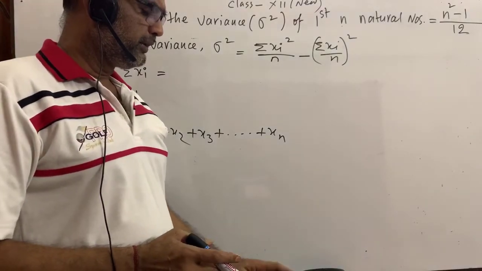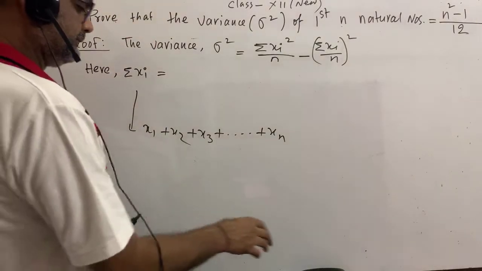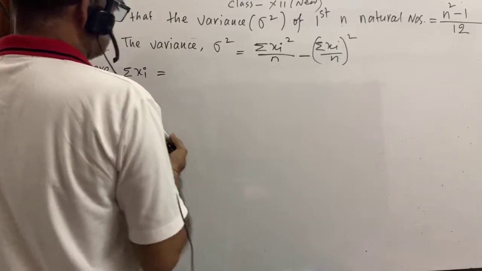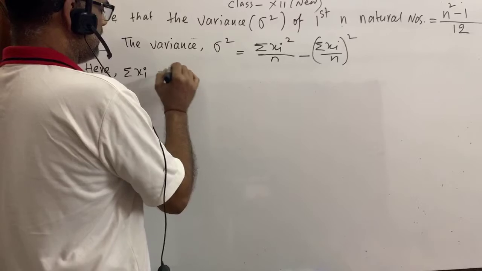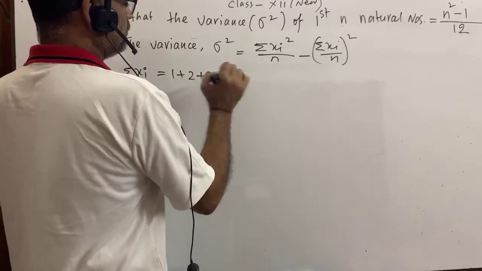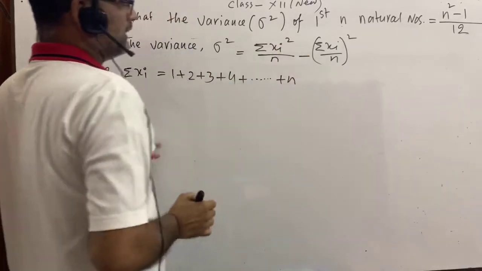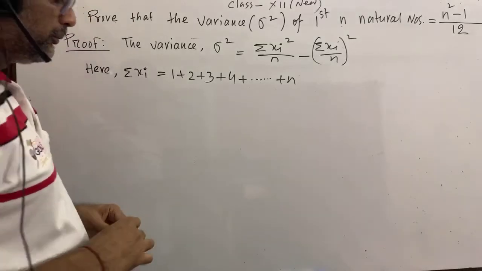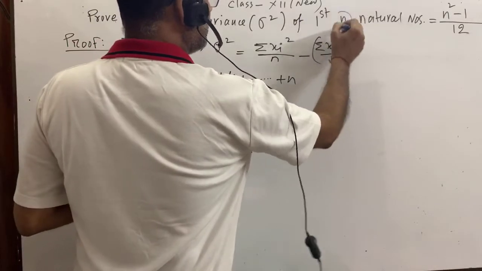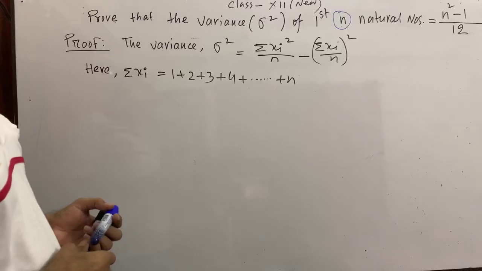Then we can write here 1 plus 2 plus 3 plus 4 up to n. Why have I written n? Because we have n natural numbers here.